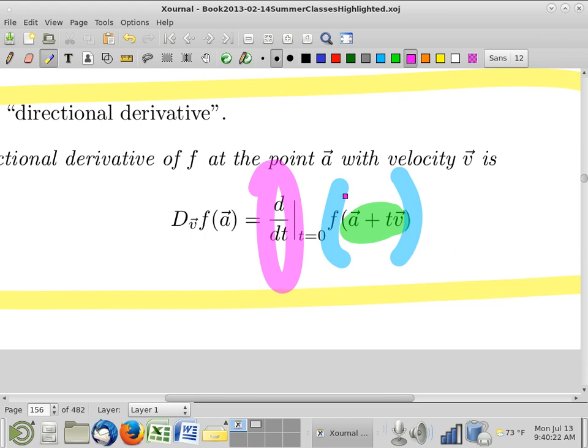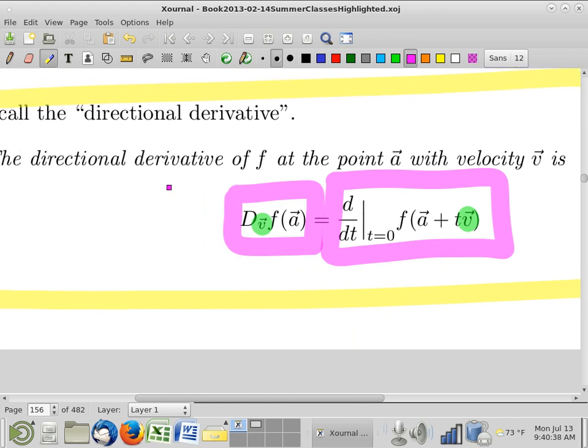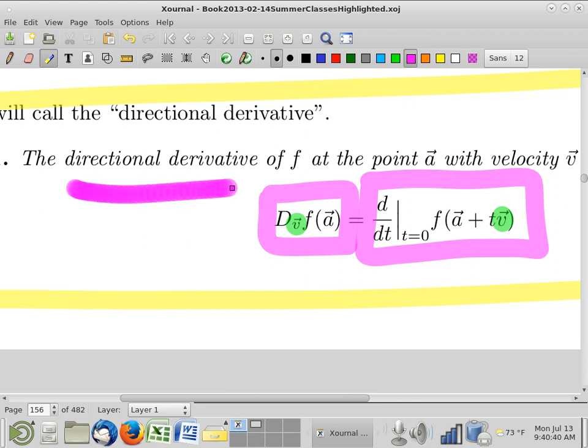So one way to say this is that we start with an input velocity v, and the result is an output velocity. This construction, the directional derivative, is the output velocity given that you're moving in the domain with an input velocity.